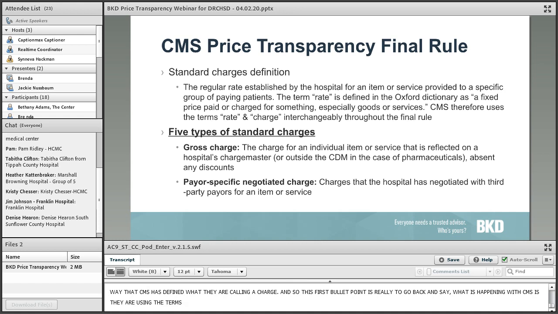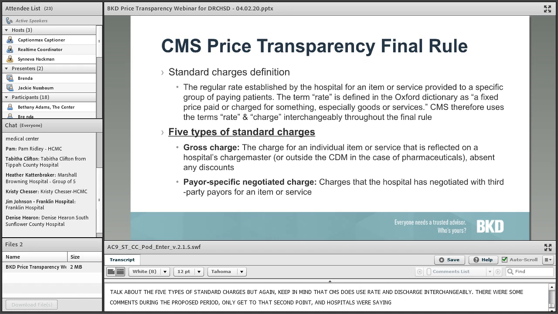This first bullet point is really to go back and say what is happening with CMS is they are using the terms rate and charge interchangeably throughout the final rule, which I know is very confusing, but I'll explain this when we talk about the 5 types of standard charges. Again, keep in mind that CMS does use rate and charge interchangeably.